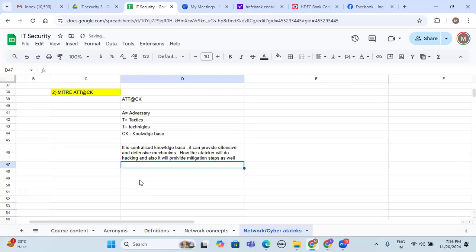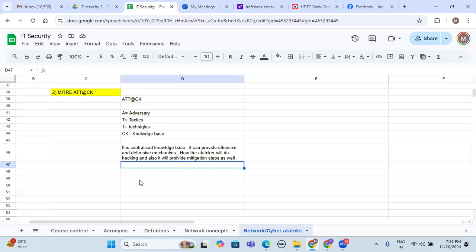That is called the MITRE ATT&CK framework. It is a centralized knowledge base or database. It has a combination of both offensive and defensive. It will provide how the attacker will do hacking, and additionally it will provide a defensive mechanism also.